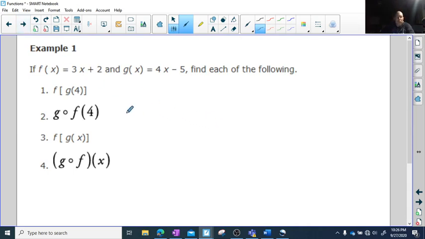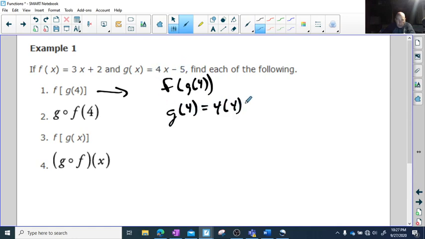Okay, so let's look at these ones where we want to do f at g of 4. What I like to do with these ones with numeric examples is figure out g at 4 first and get the actual answer for it. So g at 4 would be 4 times 4, subtract 5, 16 minus 5 would be 11.